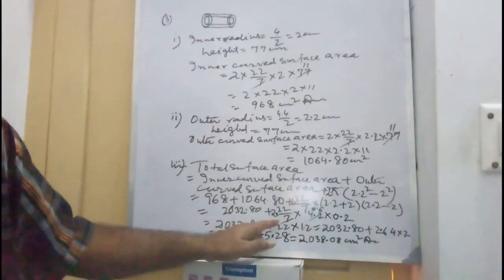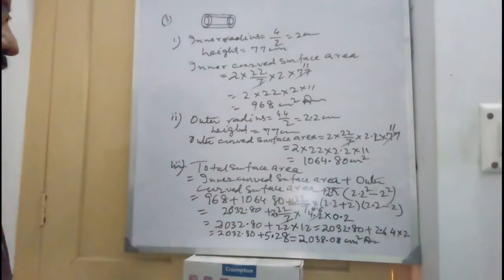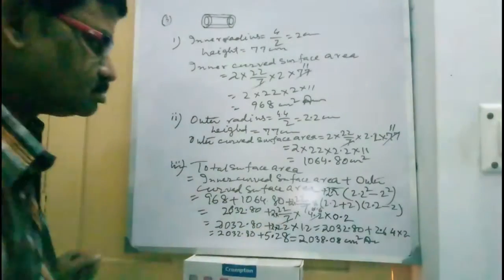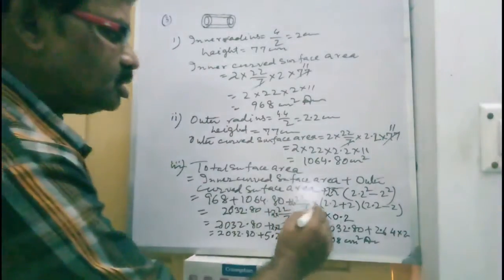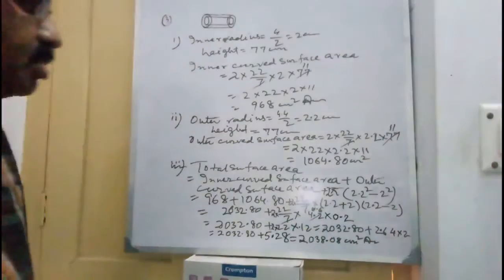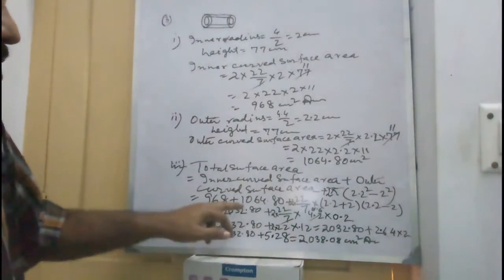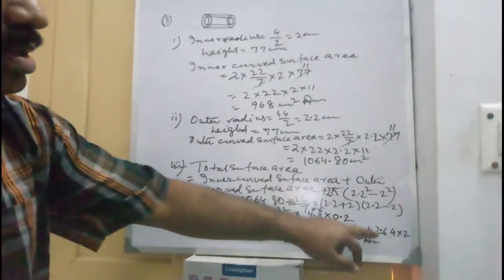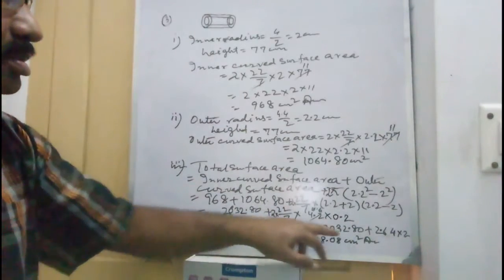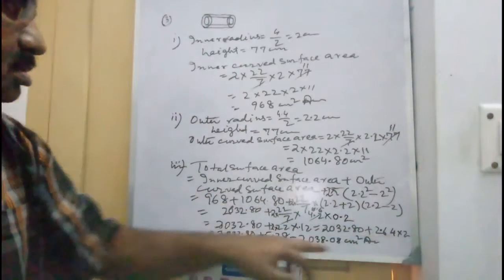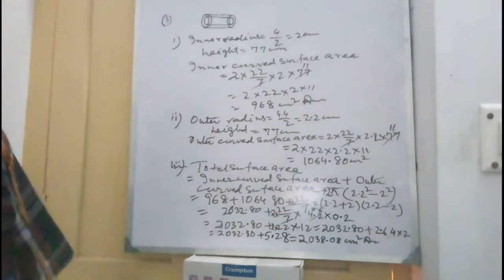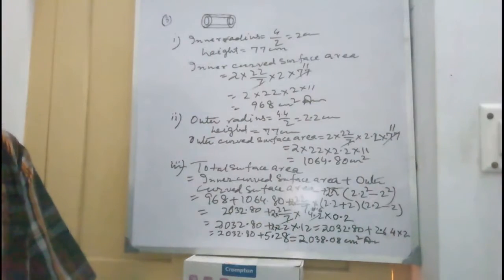So 2032.80 plus 5.28 is 2038.08 centimeter square.